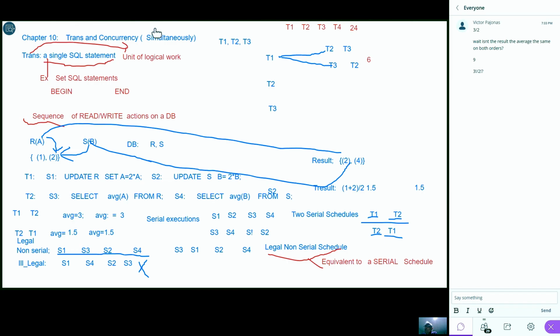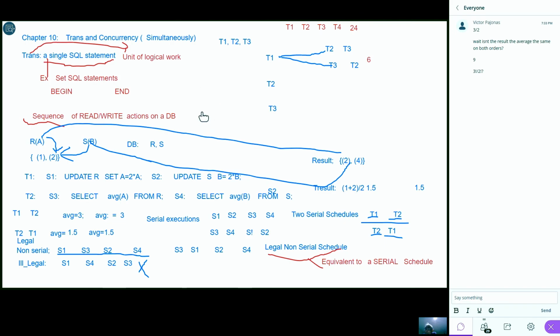That's the purpose. So if a set of transactions execute concurrently, we say a non-serial schedule is correct if it produces the same result as some serial schedule. Otherwise, we won't let it happen. This will not be correct.